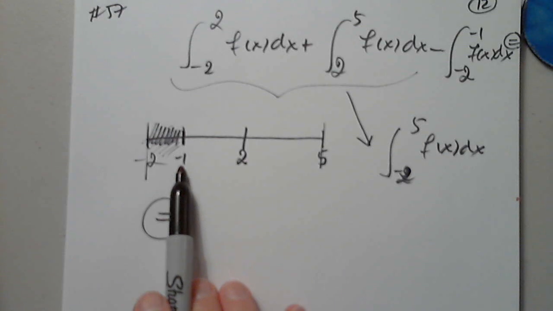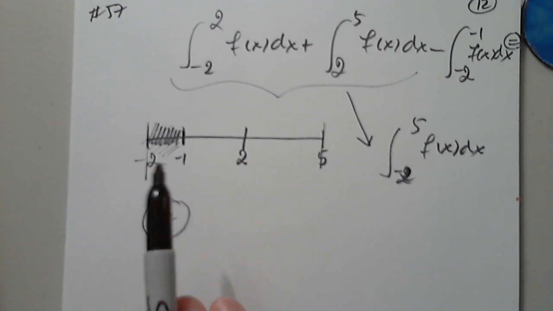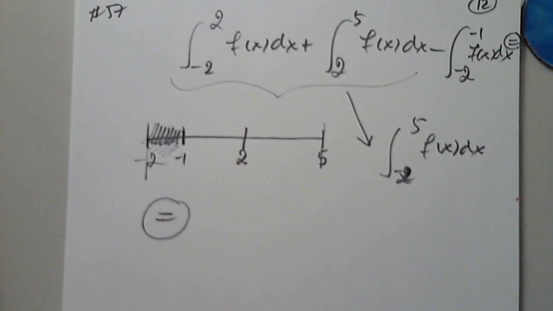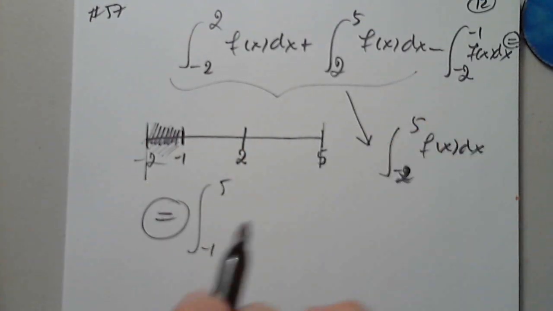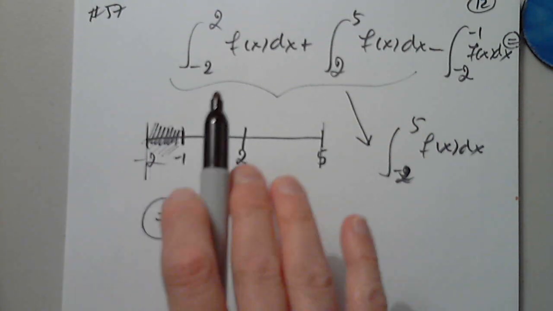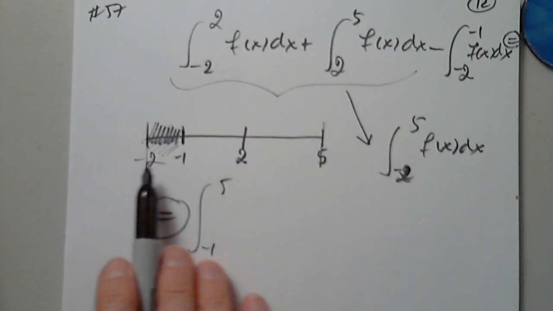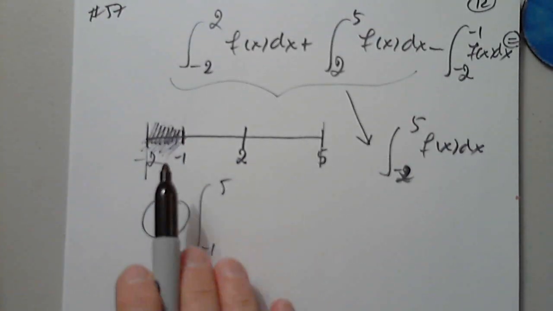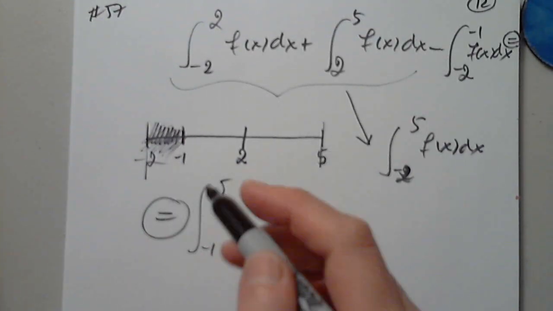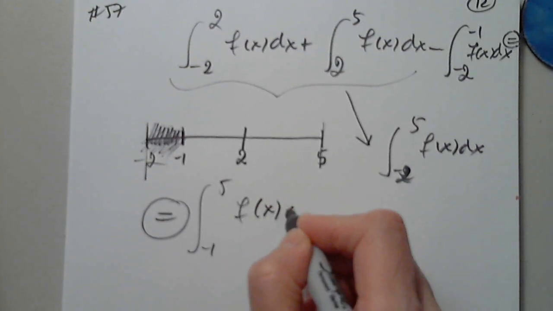So the integral from -2 to 5 exactly, minus that. We already added these two to get -2 to 5, and now we're subtracting this. So we're getting from -1 to 5 of f of x dx.